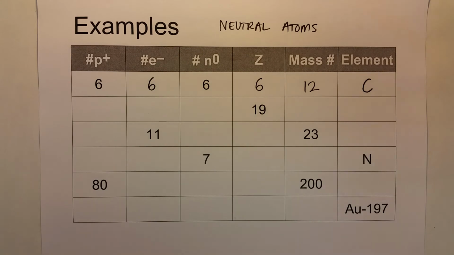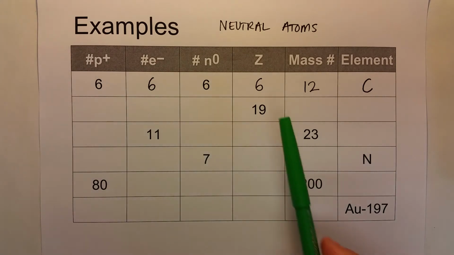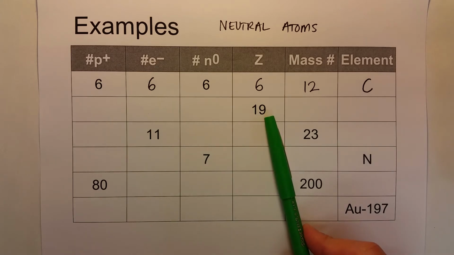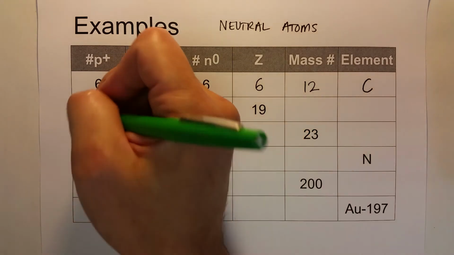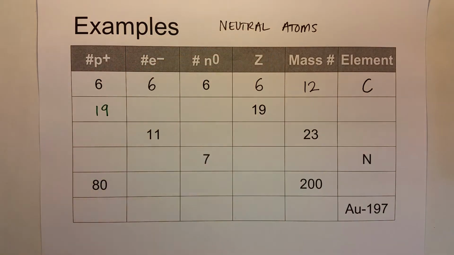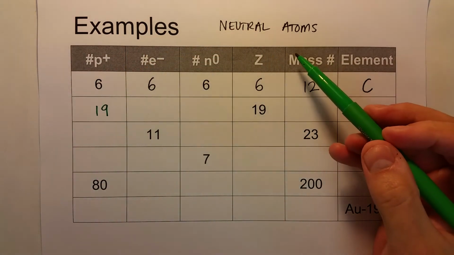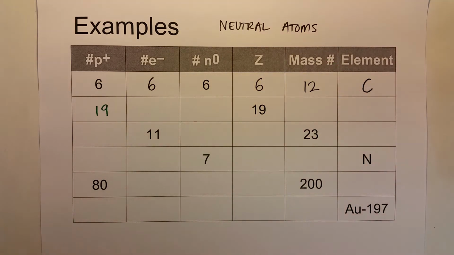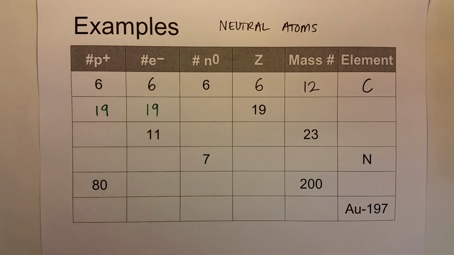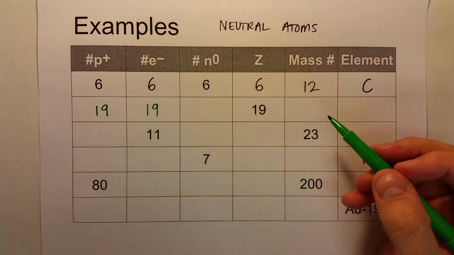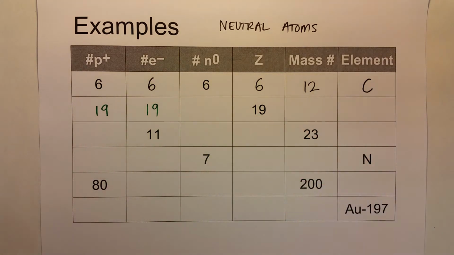Now the next line, all we know about this element is that it has an atomic number of 19. So that means it has 19 protons, if again we're assuming that these are neutral atoms. If it's neutral, it also has 19 electrons. Now, for the number of neutrons or the mass number, we actually need a little bit more information.